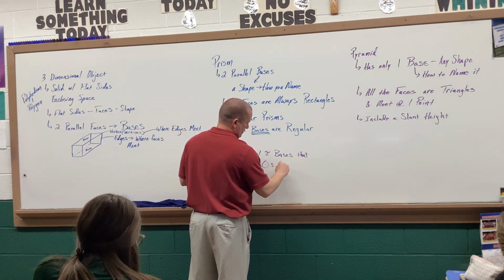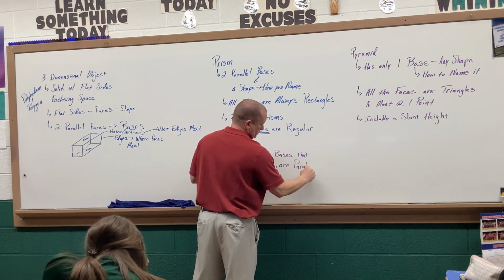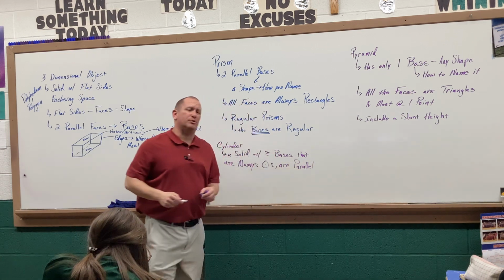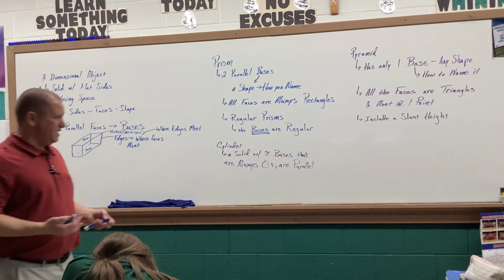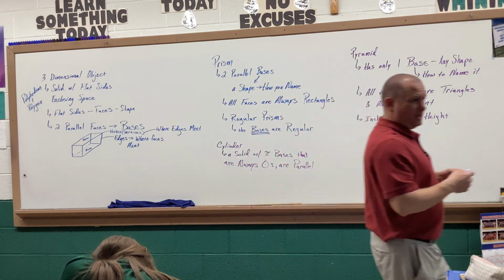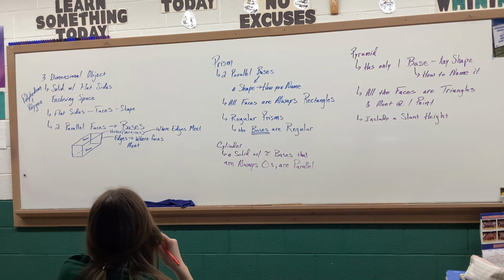And again, my bases are parallel. So realistically, it's not a prism, but it has a lot of characteristics of a prism, right? And my circle is always going to be on it. So it's not a polyhedron because of the circular base.